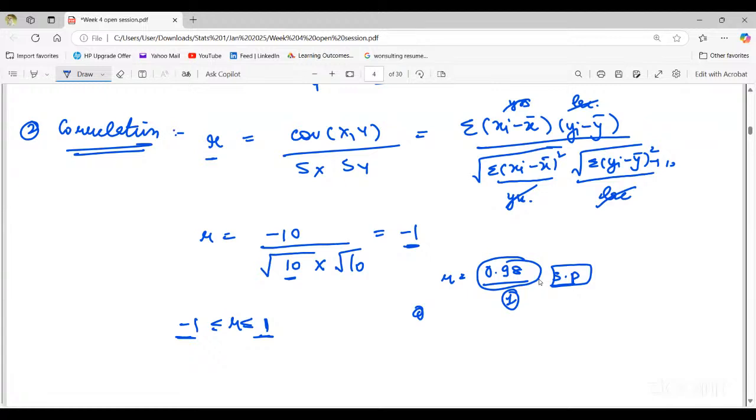Yeah, you can say that it's weakly. But if it's like 0.1, 0.2, then I think you can say there is no correlation between them. But if it's 0.5 or 0.56 or 0.6, then you can say that it's weakly correlated.